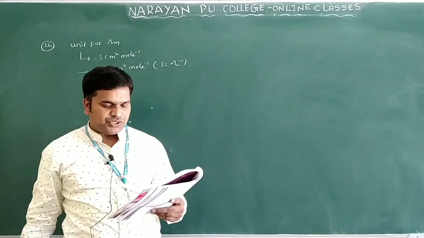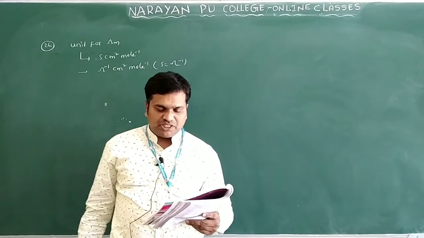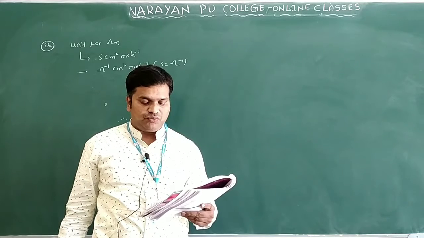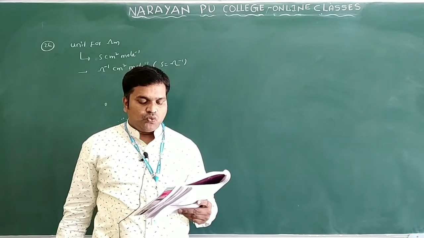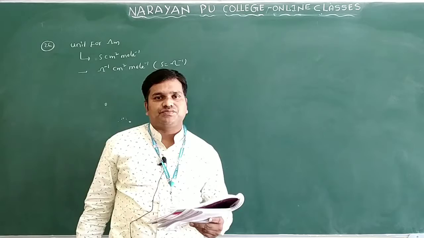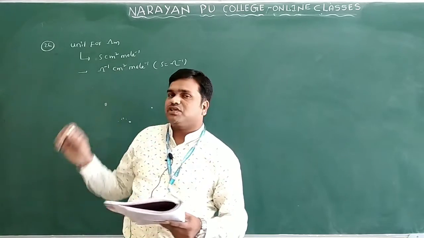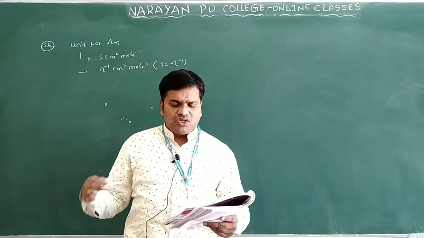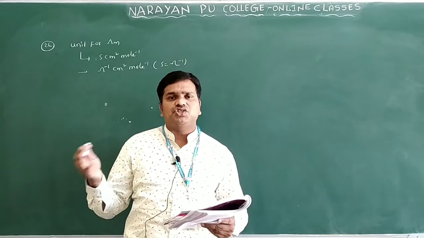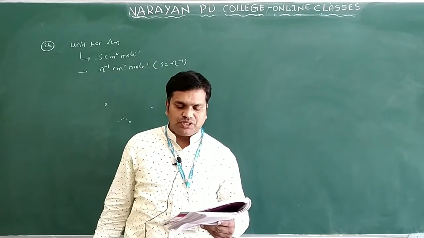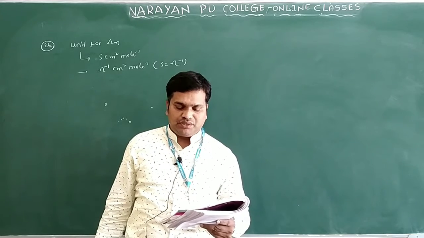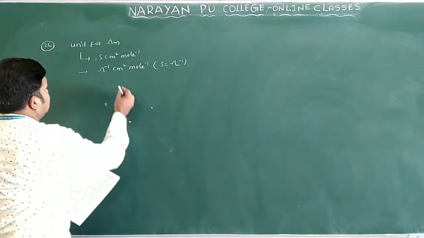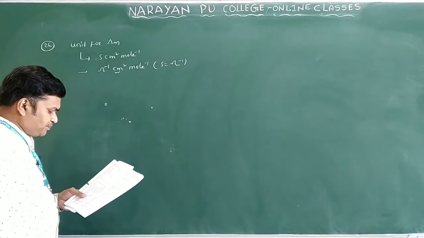You will see option 1 ohm inverse centimeter square mole inverse. Second option ohm centimeter power minus 2 mole inverse. Third option ohm inverse centimeter square mole inverse. We have two similar options, option 1 and option 3. Option 3 you can change as ohm power minus 2, right? Centimeter power 2 is there, and here also centimeter square.